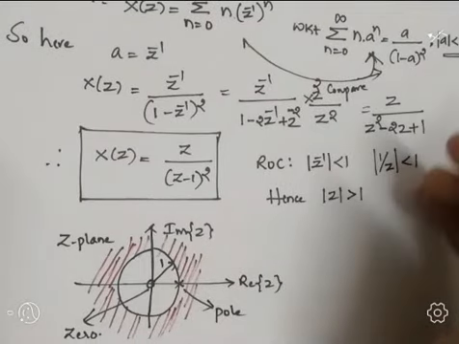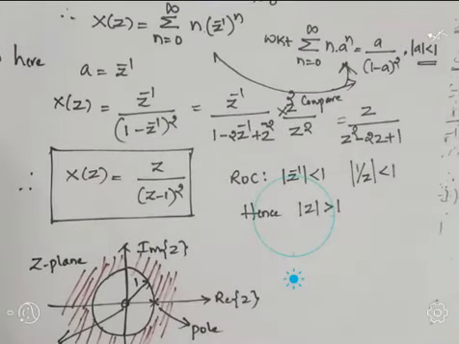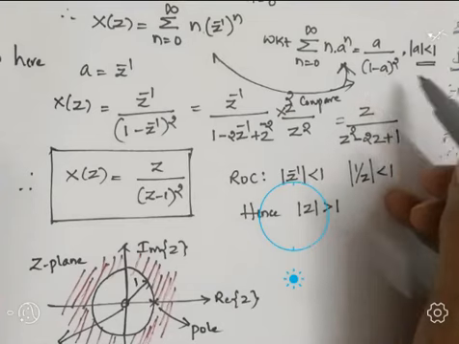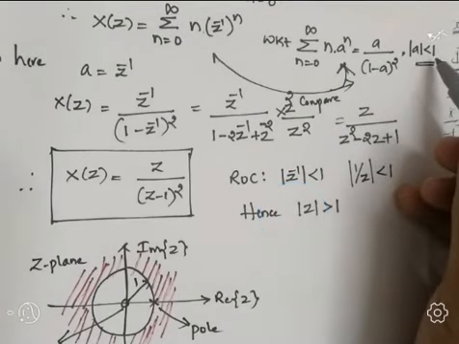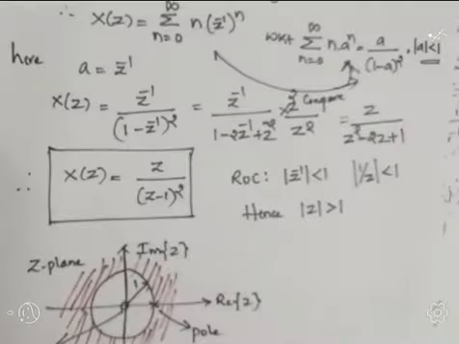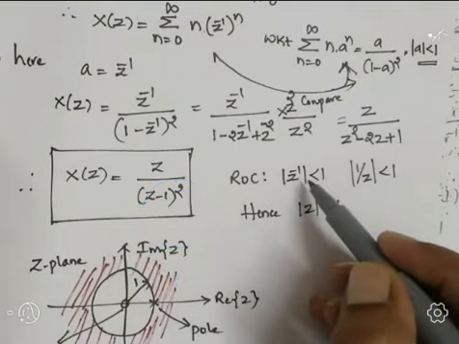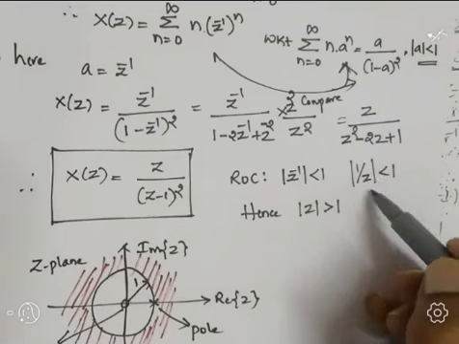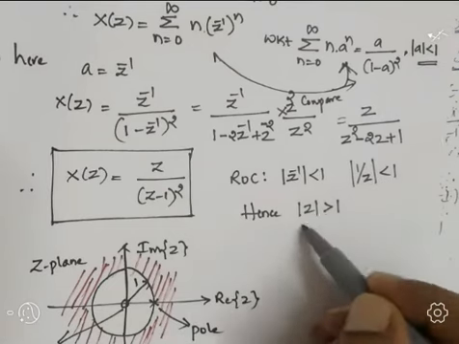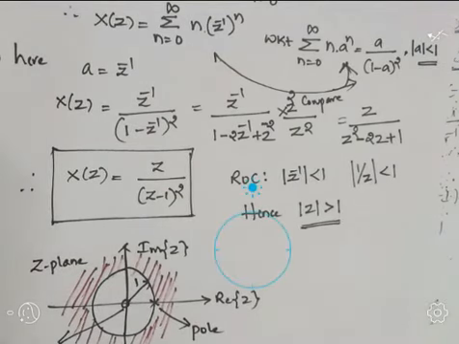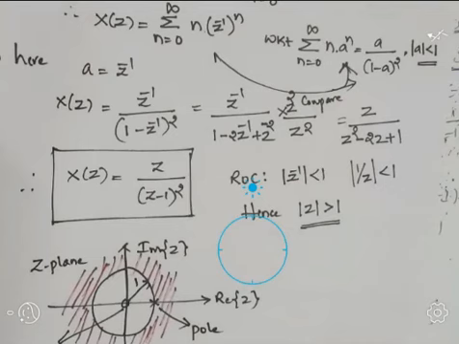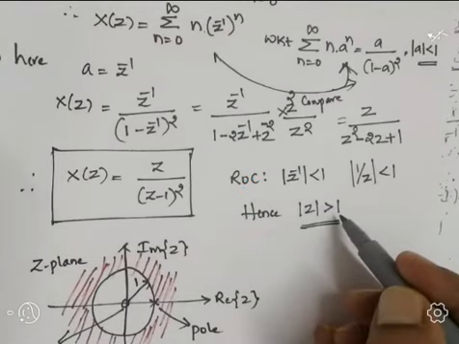Coming to the ROC. As I told, this equation is valid only when mod of a is less than 1. Here a equal to z to the power minus 1. Hence mod of z to the power minus 1 is less than 1. Z to the power minus 1 we can write as 1 divided by z. If you take z to the other side, it becomes mod of z greater than 1.